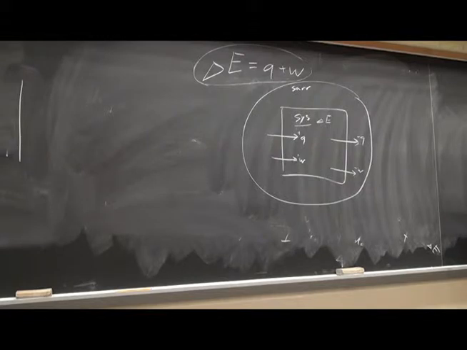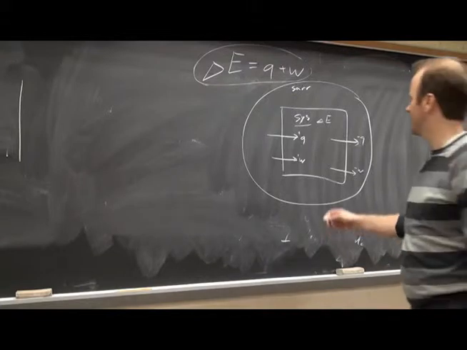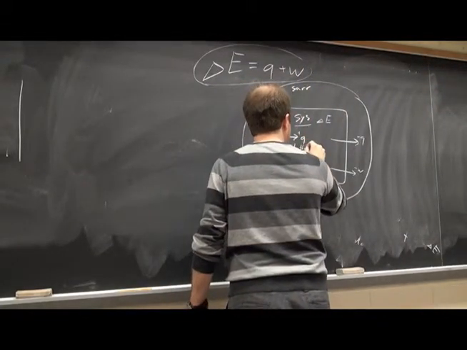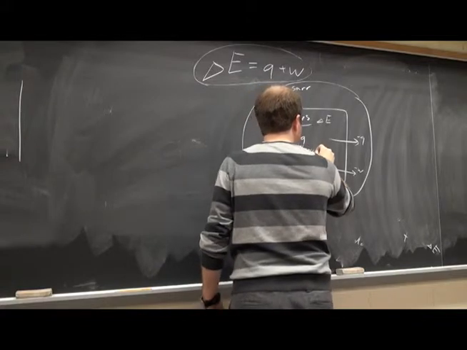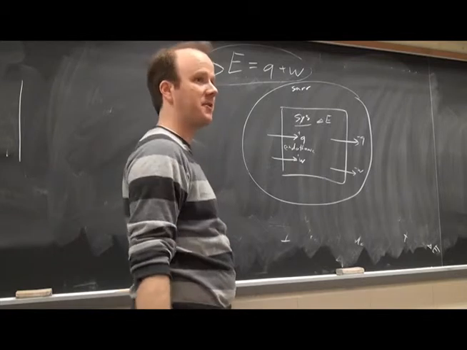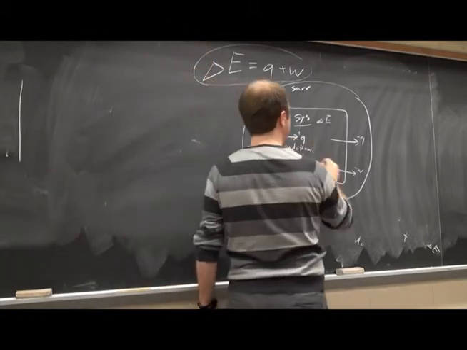Endothermic process is Q plus, right? Is that what you just said? Yes, endothermic is Q plus. Okay. Endothermic, you have to put heat in to make it go. It absorbs heat, so Q is plus.